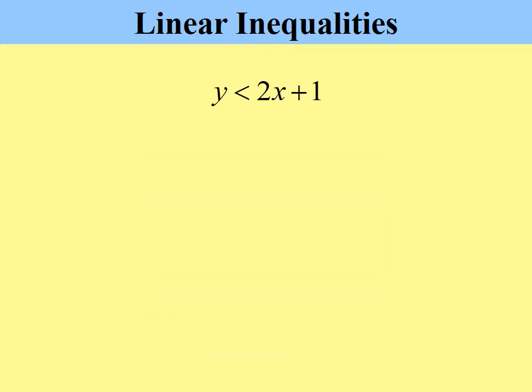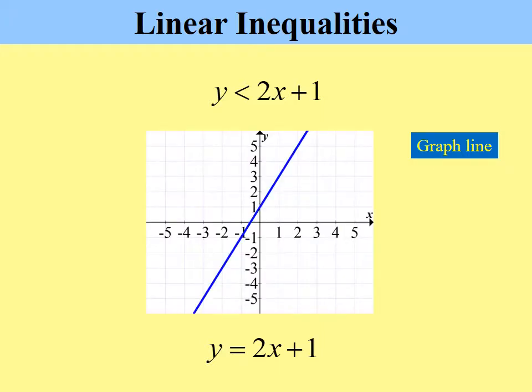Here's another similar looking one. You can tell it's going to have the same line as before, only this time, since there's not a less than or equals, since there's not a line at the bottom of the inequality, the graph is going to be a dashed line. And again, we need to learn whether we shade the top or whether we shade the bottom.